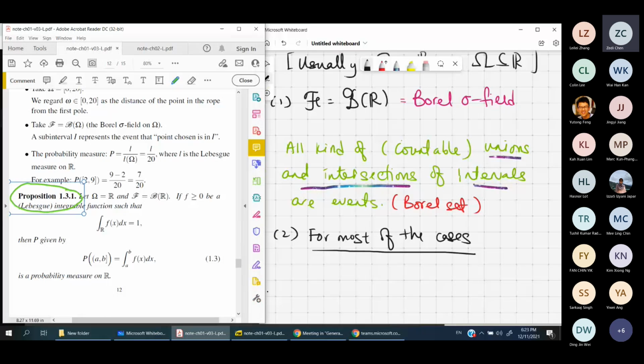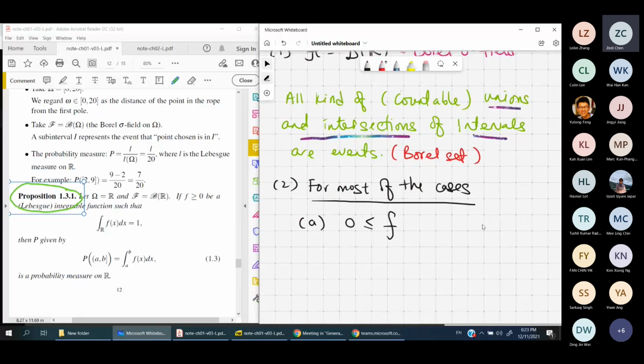First of all, you must have a function f that is greater than or equal to 0, and when you integrate f, it gives you value 1.